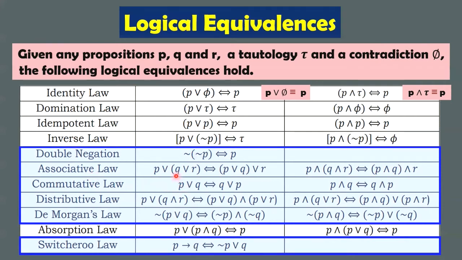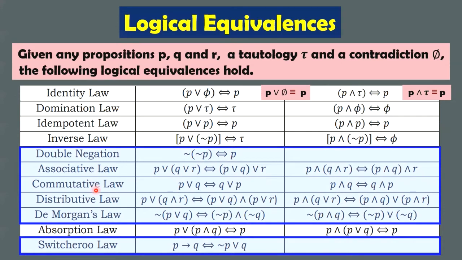Kunyari ito, ang magka-group dito si Q at saka si R. Tapos naging si P at saka si Q. So you see, nag-change lang ng grouping. And take note that pare-pareho ng operator. Or. Ito rin, or. Hindi pwedeng magkaiba. Ito din magkapareho. And. Ito rin, and. So associative law, mag-change lang ng groupings.